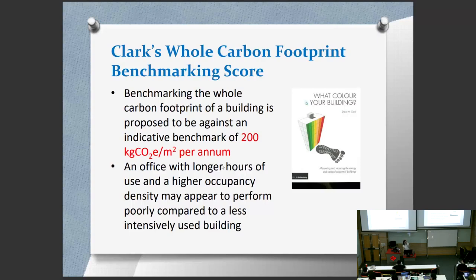An office with longer hours of use and higher occupancy density may appear to perform poorly compared to less intensively used buildings. So this benchmark is based on a certain population density and a certain operation hour.